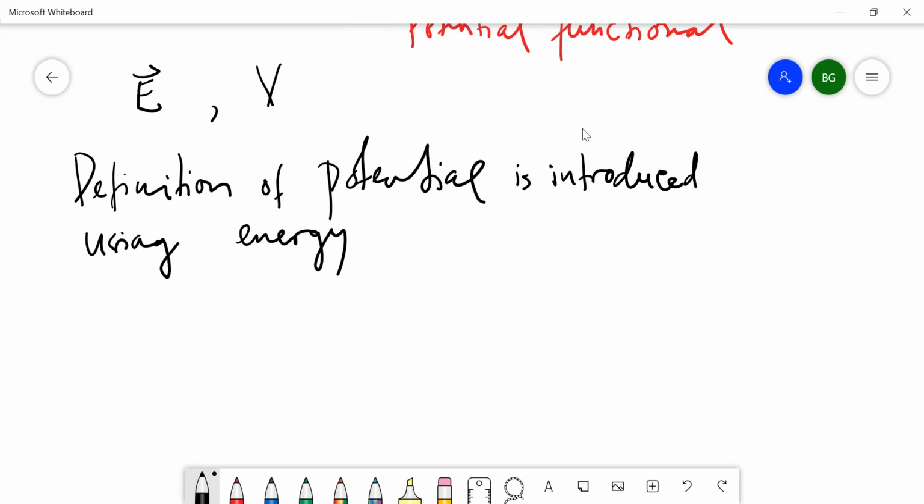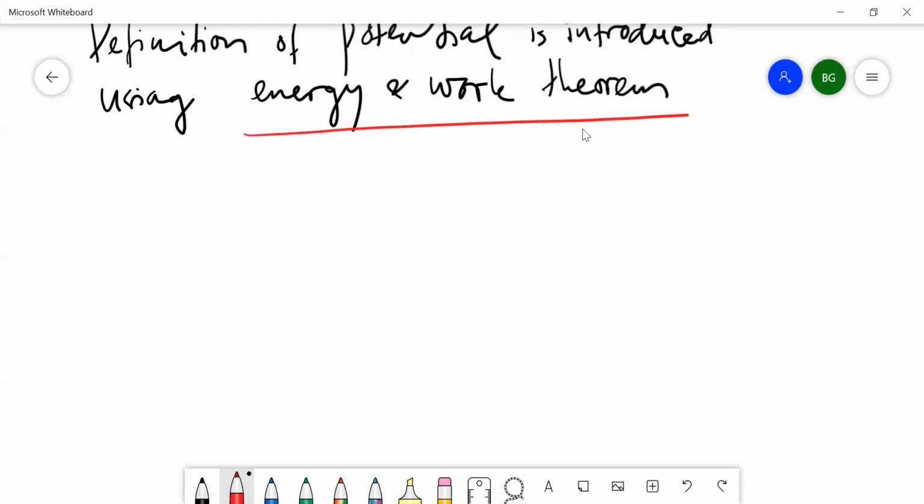Energy and work theory. What does it mean?